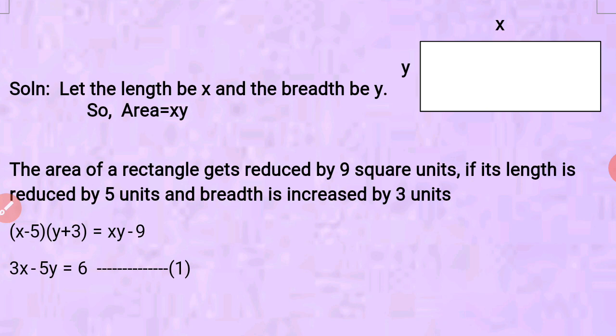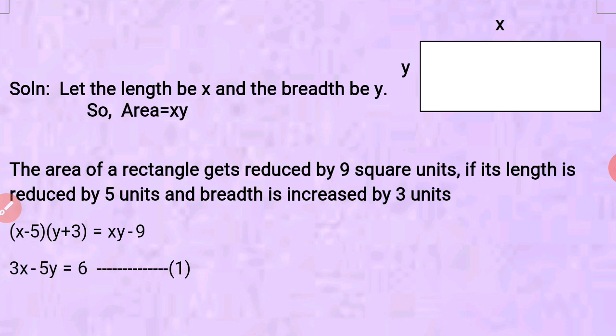Now there is a change in the length, in the breadth as well as change in the area. So children, let me read out the statement. If its length is reduced by 5, so initially the length was x, now it will be x minus 5. The breadth is increased by 3, so initially it was y, now it will be y plus 3.